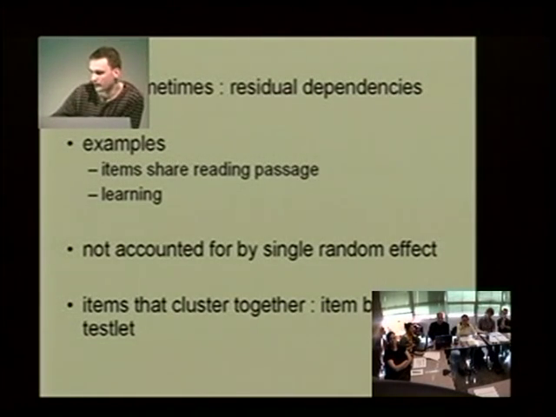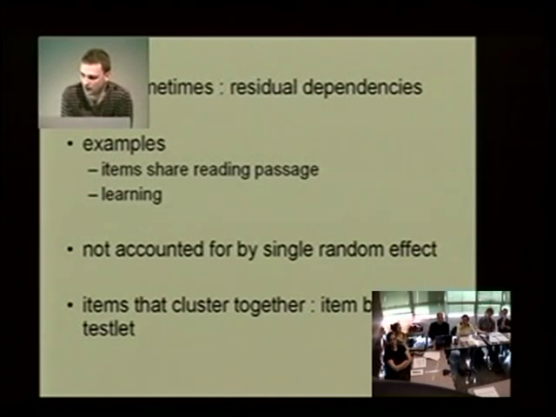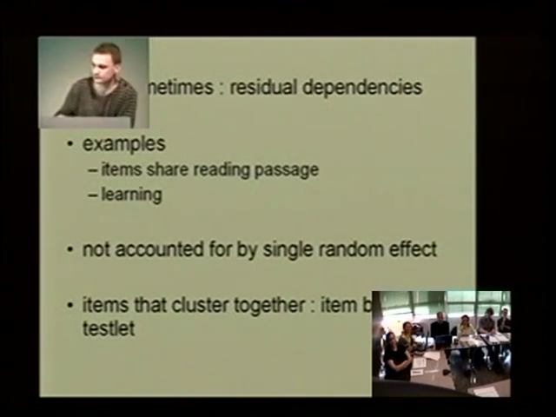I will somewhat abuse the terminology in the field, and I will call all items that cluster together and that show residual dependencies item bundles or testlets. So for instance, if you have a reading paragraph, the items that follow that reading paragraph and possibly show residual dependency will be called an item bundle or a testlet by me.